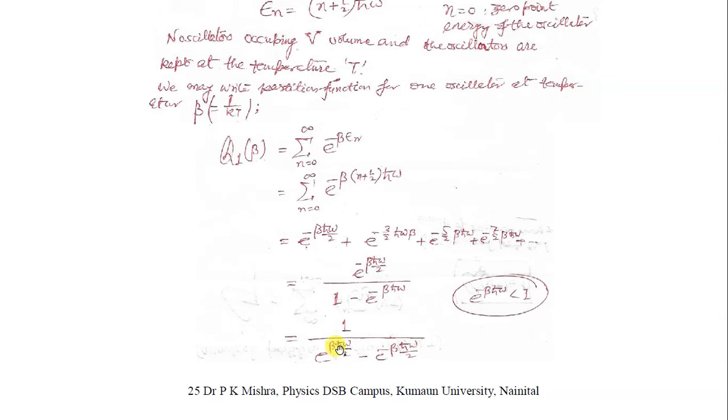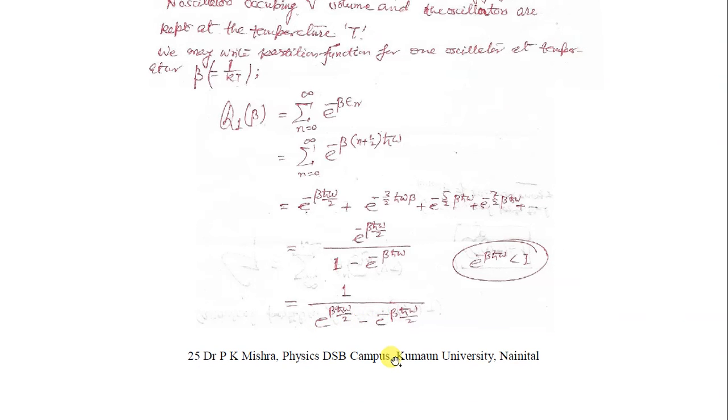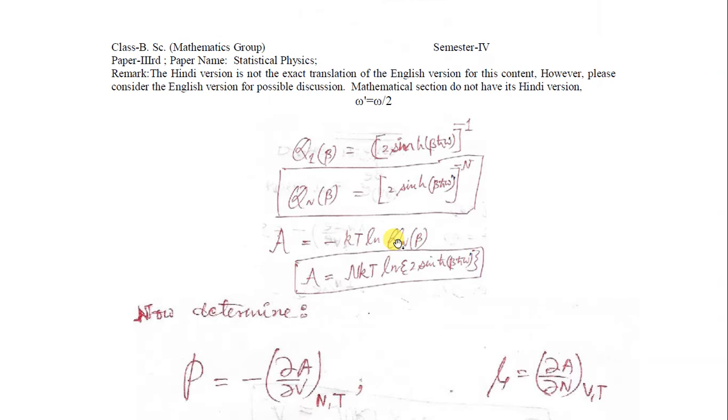This term is nothing but 2 sinh(beta h-bar omega upon 2). So we have Q1(beta), that is 2 sinh(beta h-bar omega'). Omega' is omega upon 2. For the sake of mathematical simplicity, we replaced omega' by omega upon 2, so we don't need to write divided by 2 all the time. This is the single oscillator partition function at temperature T.